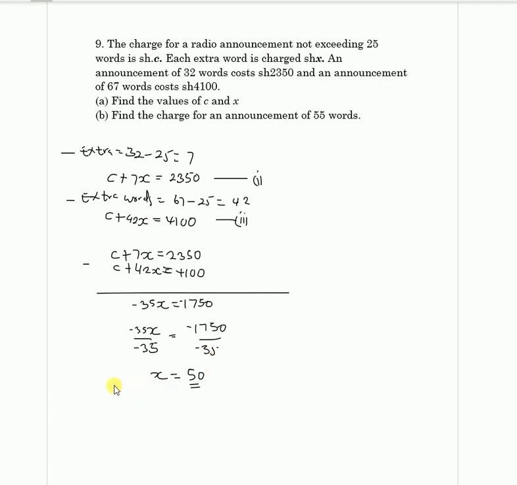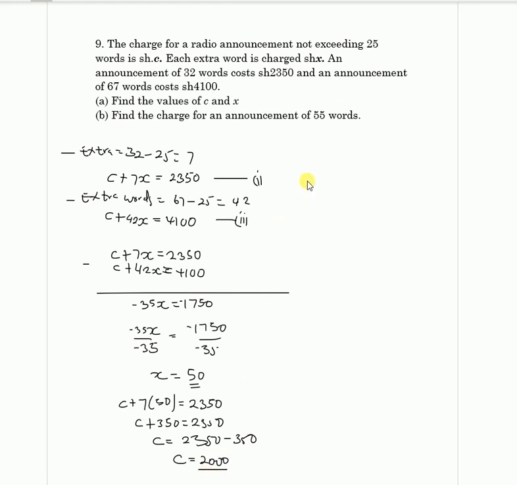Now if x is 50, using equation 1, I have C plus 7 times 50 is equal to 2350. C plus 350 is equal to 2350. C is equal to 2350 minus 350, and C is equal to 2000.